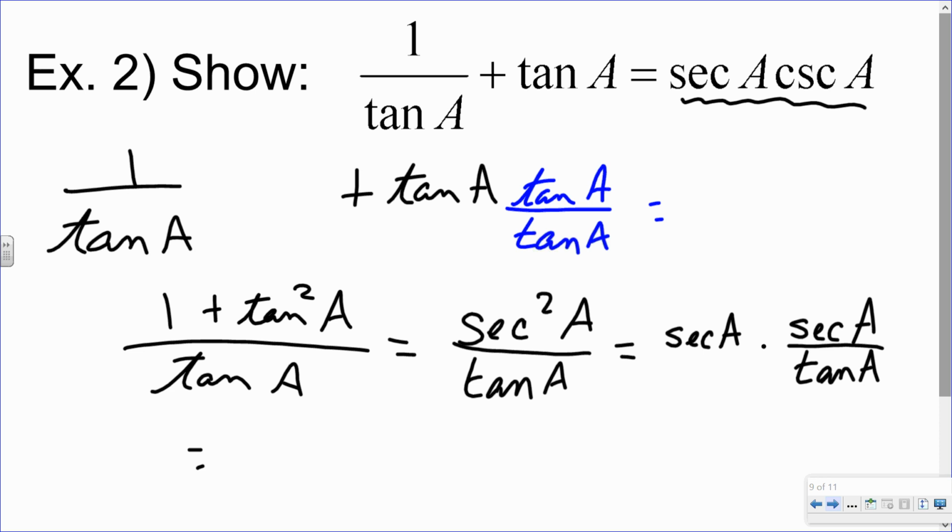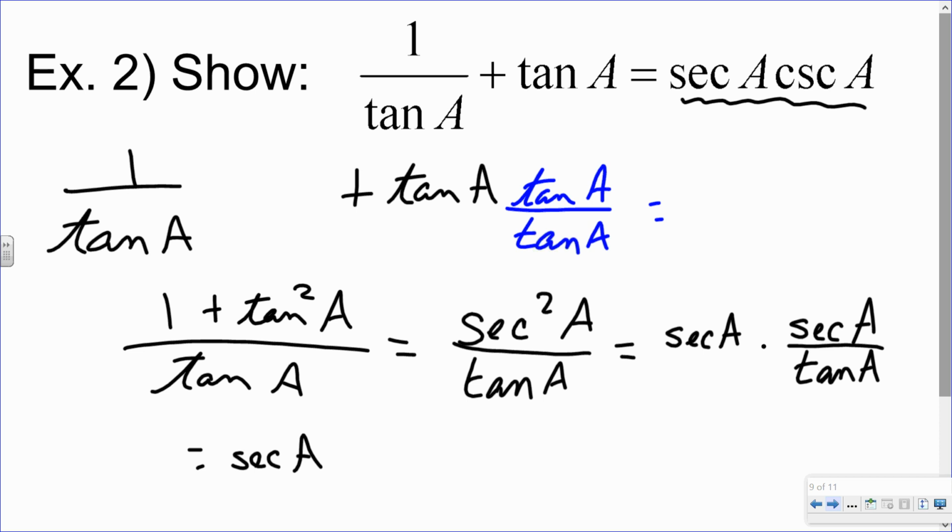Okay, no more squares, so I'm not doing Pythagorean trig identities. What's the other method you've been using on quite a few homework problems already? When you've got a tangent in there or a secant in there, what do you change it to? Change them to sines and cosines, right? So let's change both of those. Let's keep the first secant A like it is, because we know we want to hold on to that.